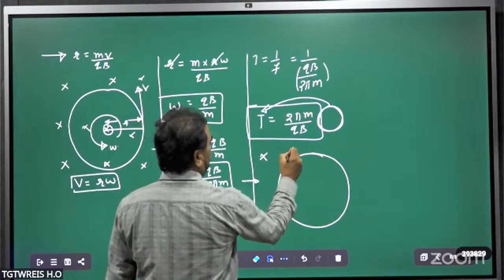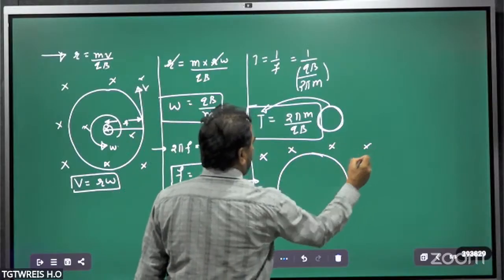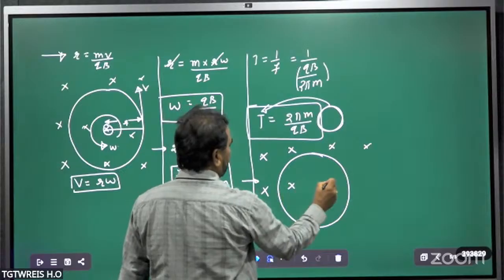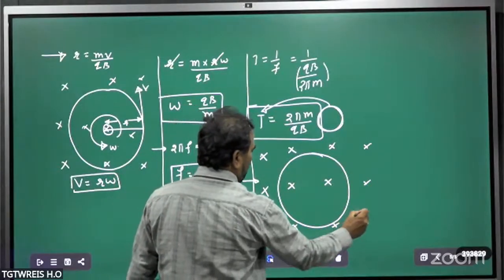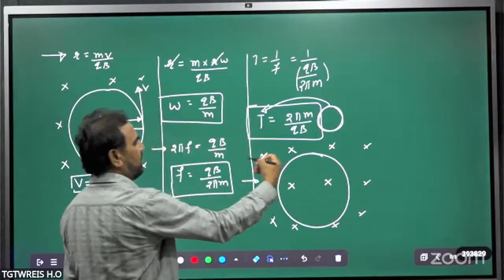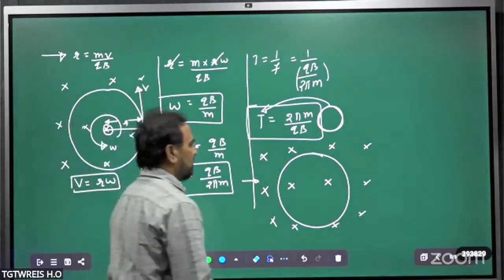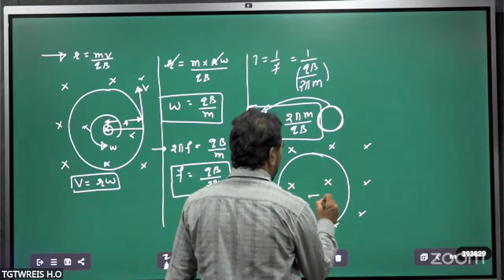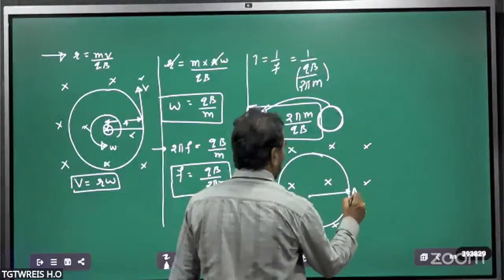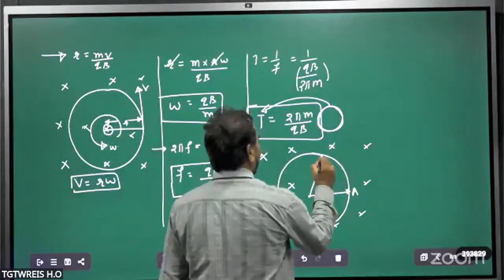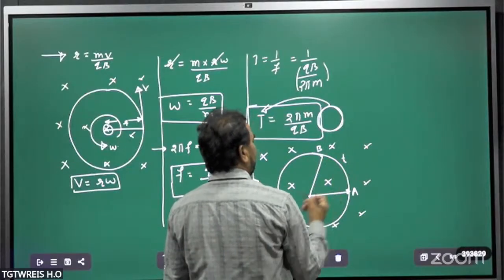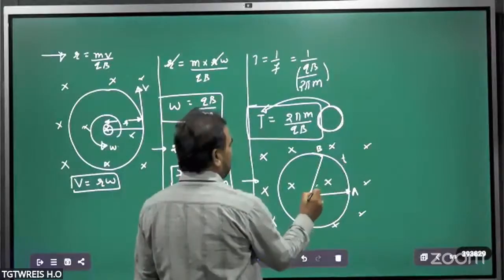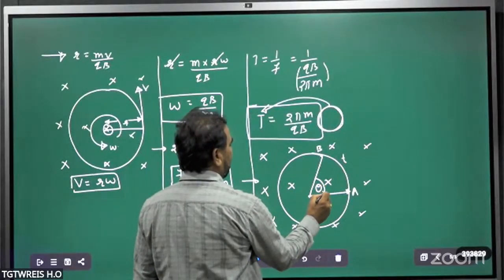Next, see, suppose a charged particle enters into a magnetic field like this and rotates with an angular velocity omega around it. Suppose the charged particle starts at point A and has to reach point B in t seconds, making some angular displacement theta.